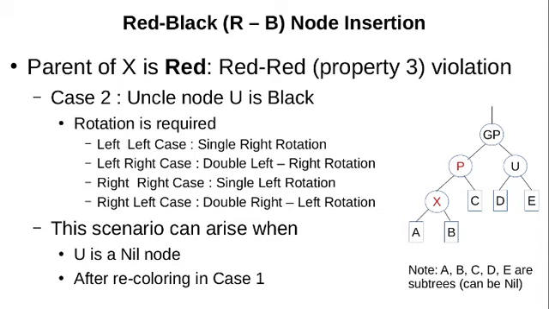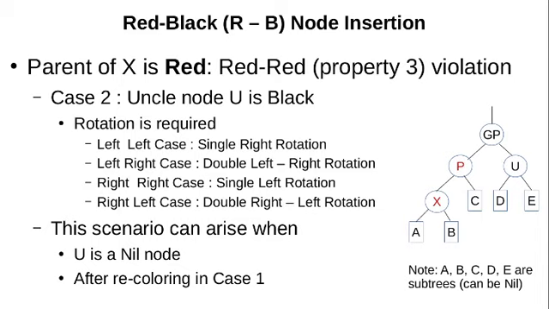This scenario can also arise after recoloring in case 1. Changing the color of either P or X does not help, as this generates a black height violation at their ancestor nodes. Here we need to do rotation to remove the red-red violation without introducing any black height violation.